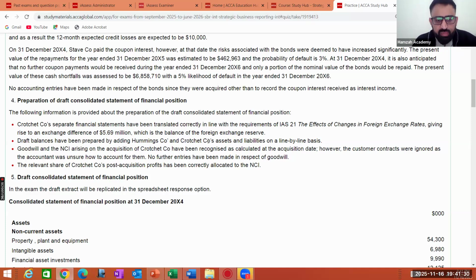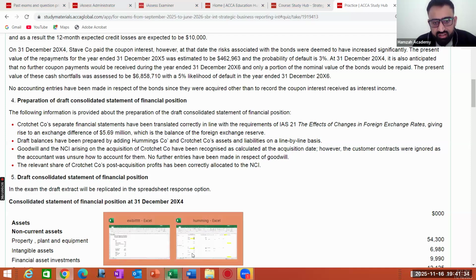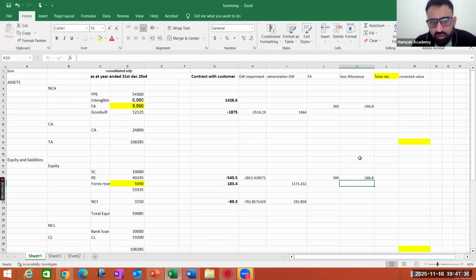That exchange gain is part of the forex reserve, but there is one problem.